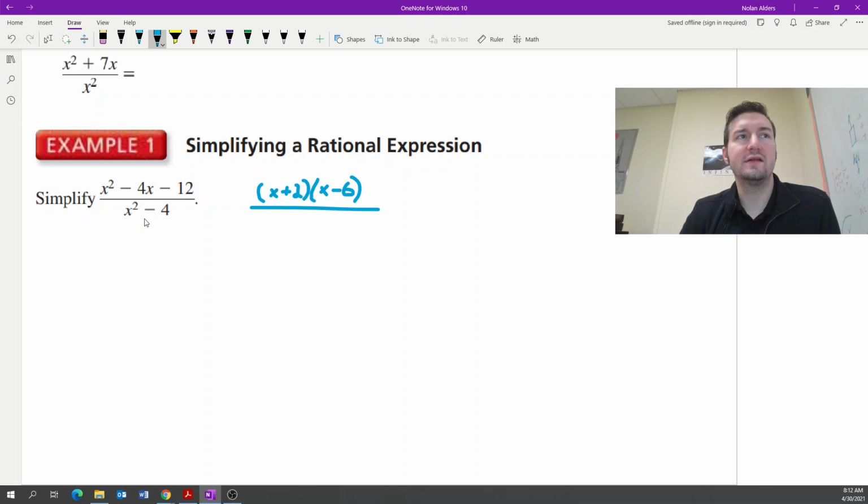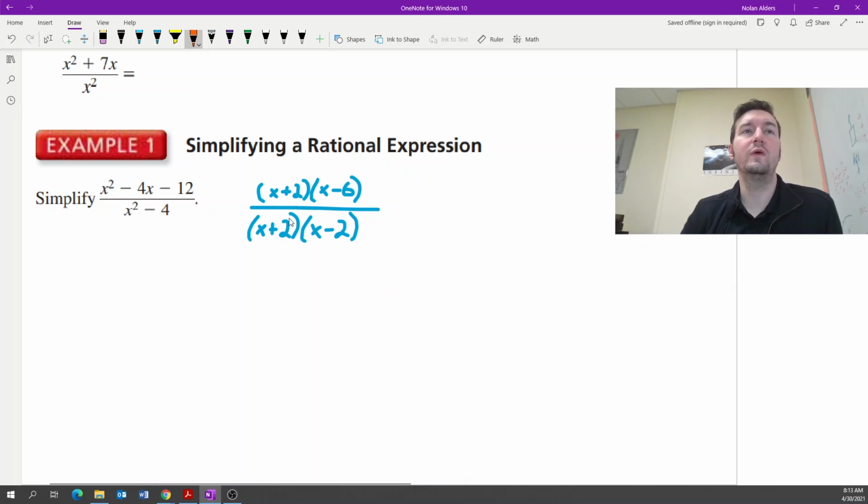So let's factor that as well. This is a difference of squares. So remember, with a difference of squares, we can take the square root of the first plus the square root of the second. Square root of 4 is 2. Times the square root of the first minus the square root of the second. And we can see now we factored everything here.